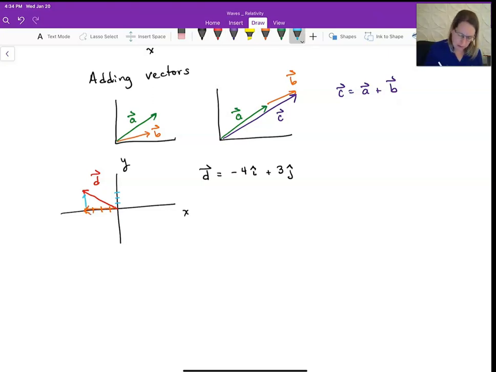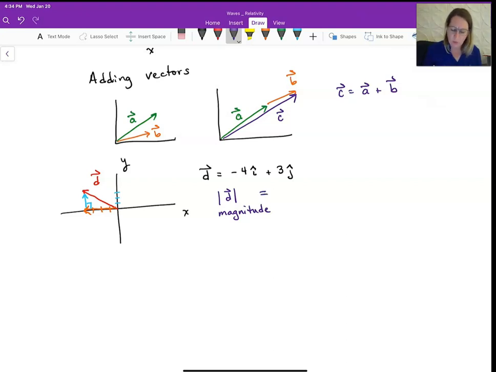Okay, so D is made up of a vector that you could draw like this and like this. But the length of D, the size of D, we can just use the Pythagorean theorem here, right? Because this is a right triangle, so there's a right angle there. So the size of D, which we're going to draw with what looks like absolute values, but this is the magnitude or size of D, is given by the Pythagorean theorem.